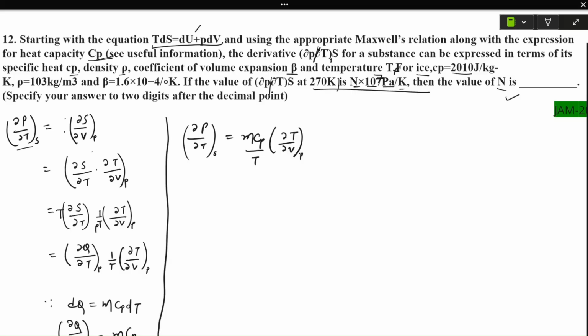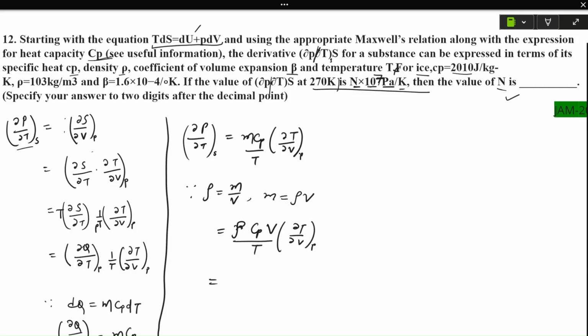Now, we know rho is equals to mass by volume. Okay, m की जगह लिख दो rho times volume. So this equation looks like rho Cp V by T and del T by del V times P.